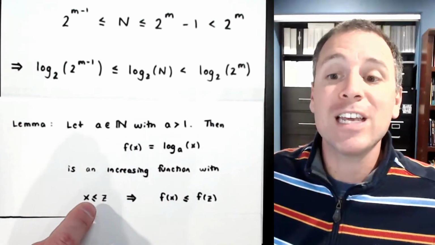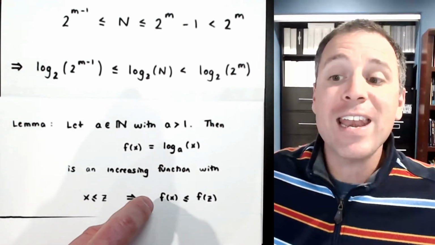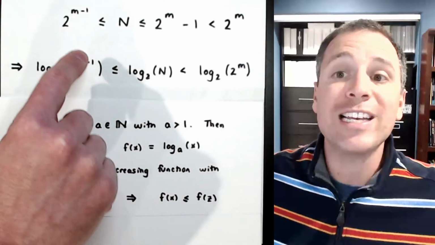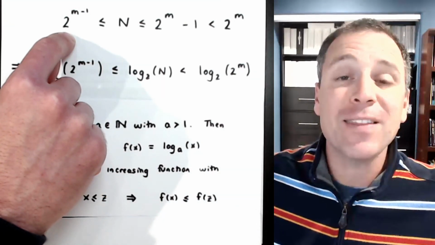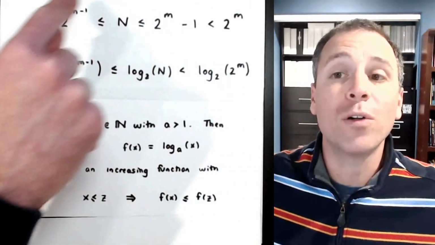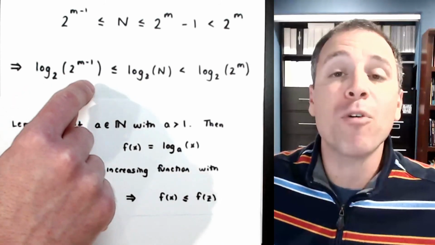What we mean by this is if x is less than or equal to z in the domain, then f of x is less than or equal to f of z in the range. In other words, inequalities maintained in the input stay the same direction when we apply the log to that inequality, which was the fundamental idea that we used to create the formula for the number of bits necessary.